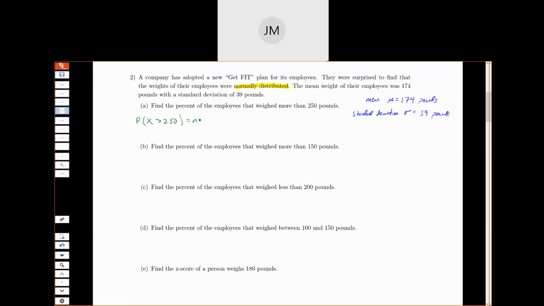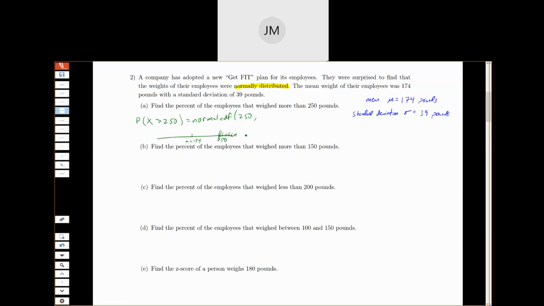What I'm going to do is use normal CDF, where I have a range of values that goes from 250 to infinity. If I draw it on the line, I have my mean of 174, and here's 250, and I want to find the probability of this and higher.